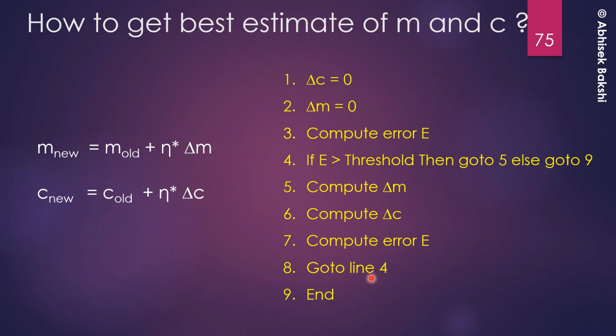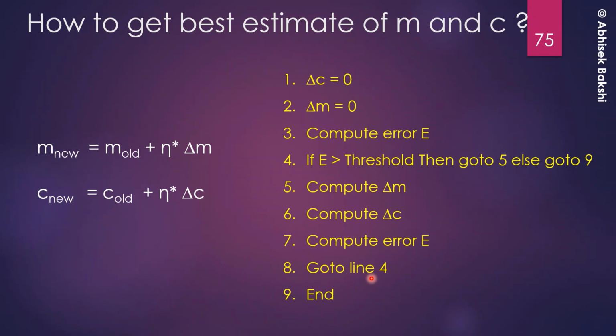So this is what we have learned, what we call the gradient descent algorithm. Why is it called gradient descent? Because we are going through the gradient of error and we are descending down against the gradient of error. That's why the name is gradient descent.